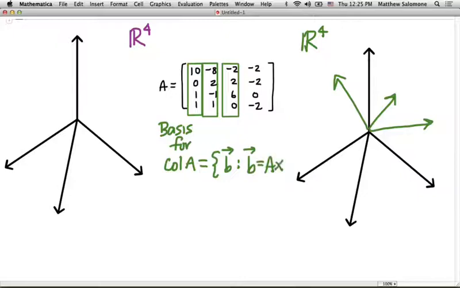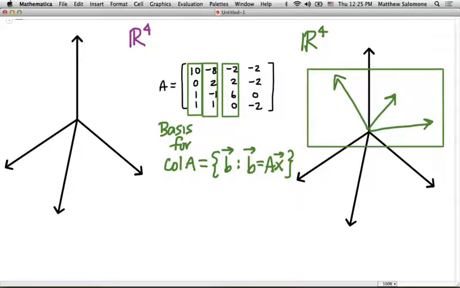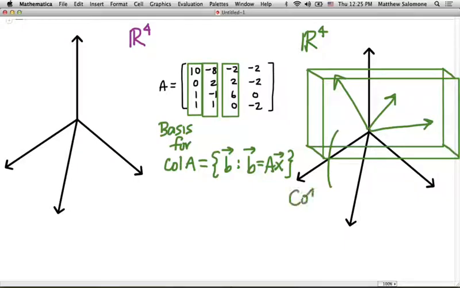Such that the system Ax equals b is consistent. And so the span of these three vectors over here in my codomain, if I take the span, the set of all their linear combinations, I get the column space of A.